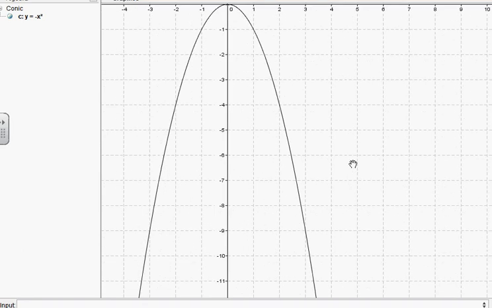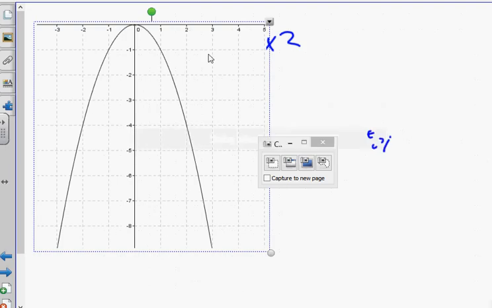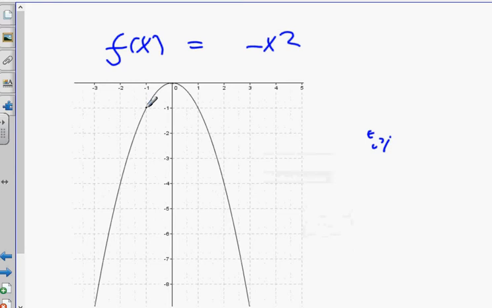Okay, now what I can also do here is I can get any point on this graph. Okay, any point on this graph, and I'll probably take a snapshot of this. Any point on this graph is represented by two things. x is the x coordinate, and f of x is the y coordinate.